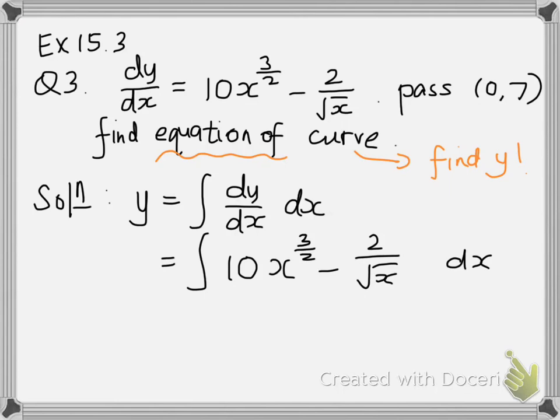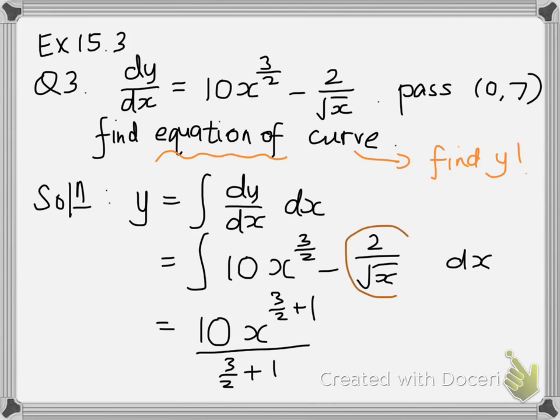Alright, so how do you integrate this? Again, for 10x, you just have 3 over 2 plus 1, and then you divide that whole thing by 3 over 2 plus 1. And remember, because it is plus and minus, you integrate individually. So how do you rewrite this in index form?